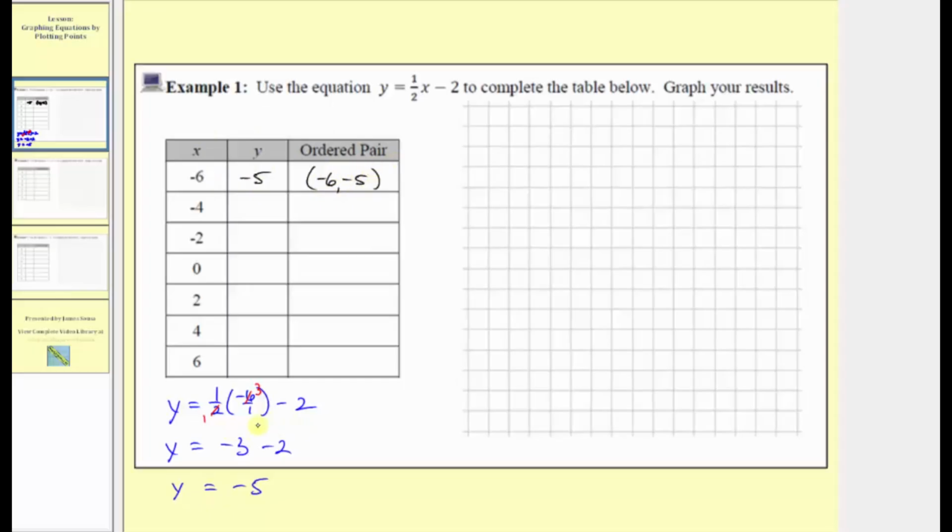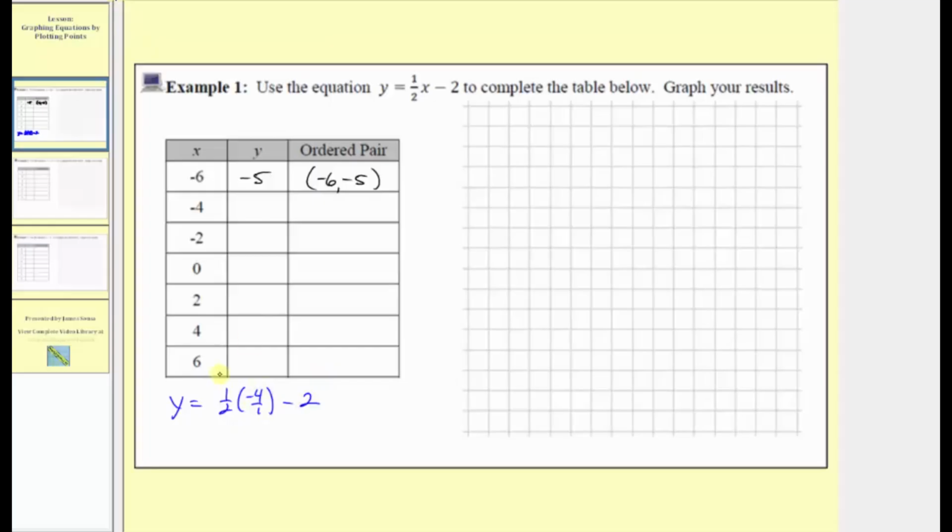Now going back to this product just for a moment, remember we can view 1/2 times -6 as half a copy of -6, which is equal to -3. So we can also think of these products in that way. The next input value is -4, so we'd have y, the output, is equal to 1/2 times -4, or -4/1, minus 2.